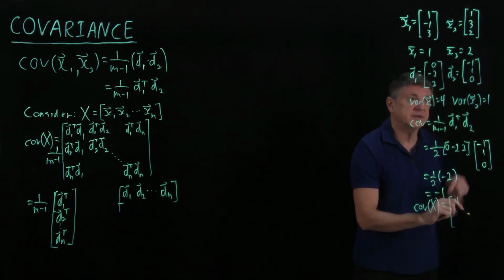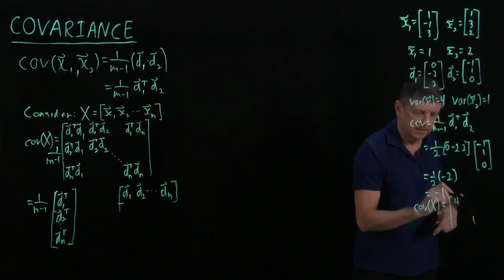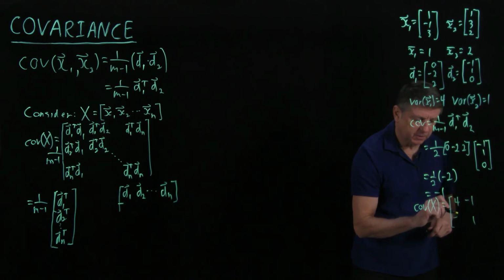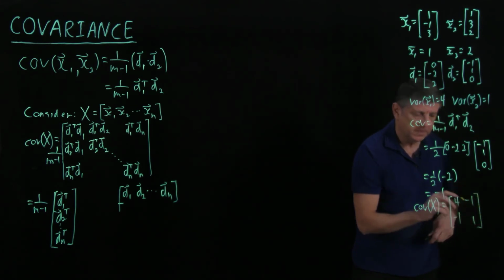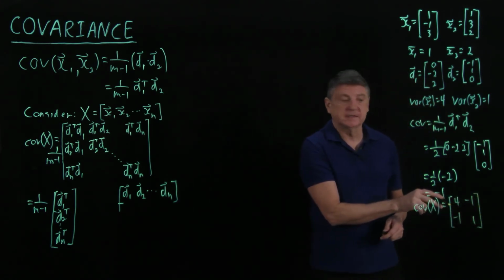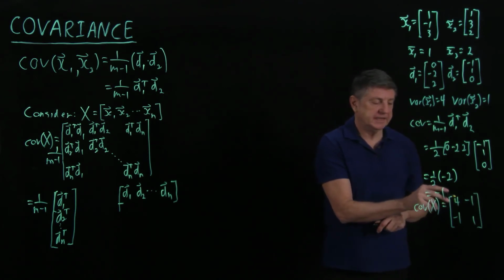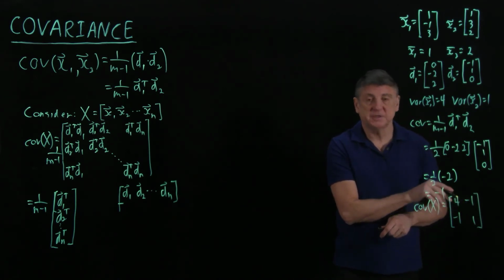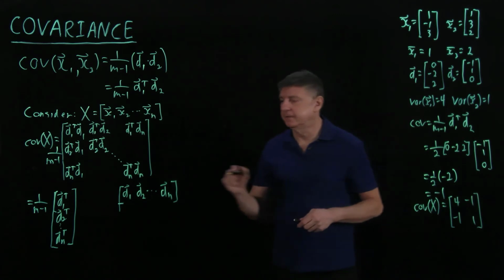This will be the variance of 2, which is 1. This will be the covariance of 1, 2. This will be the covariance of 2, 1. And I note in passing that this is a symmetric matrix, and it's also positive definite.